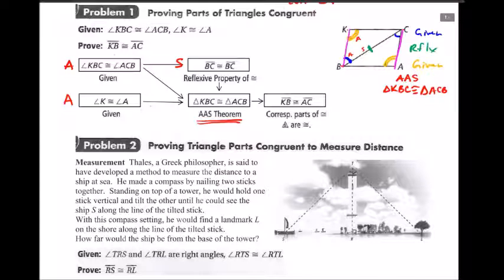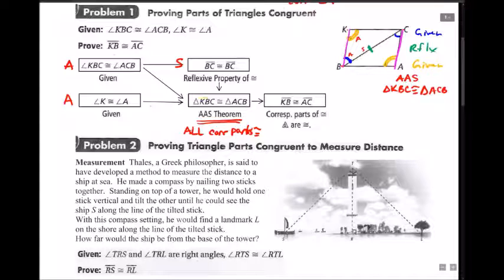Now, what's new to us here is, once our triangles are congruent, what do we know about those two triangles now? We now know that all corresponding parts are congruent. So we are interested in segment KB and segment CA.